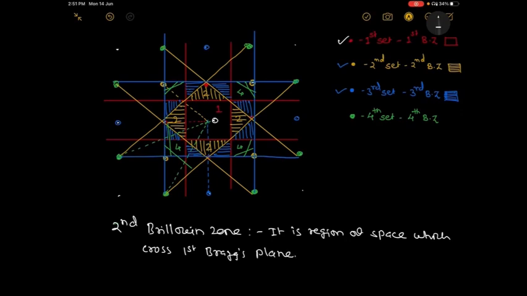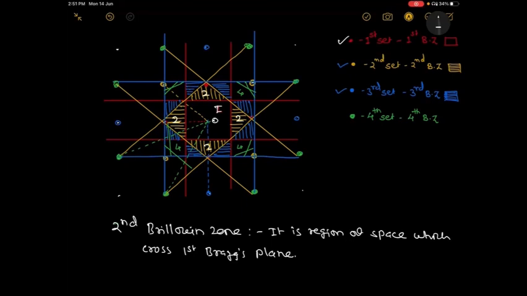That region is the second Brillouin zone and it is denoted by the green-yellow region, that is the second Brillouin zone. First Brillouin zone, second Brillouin zone.